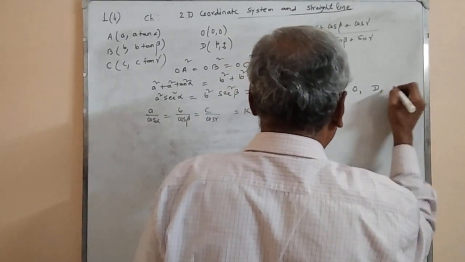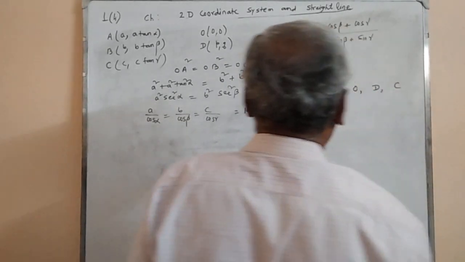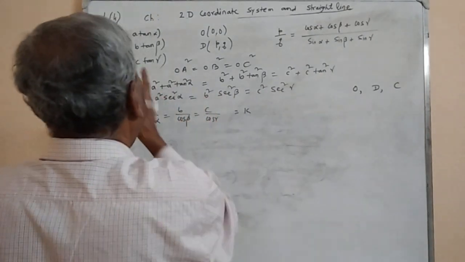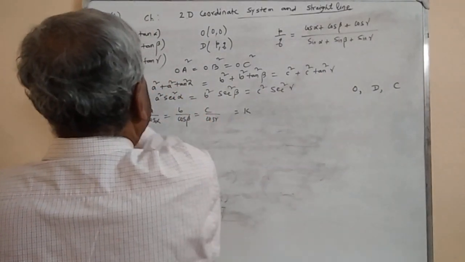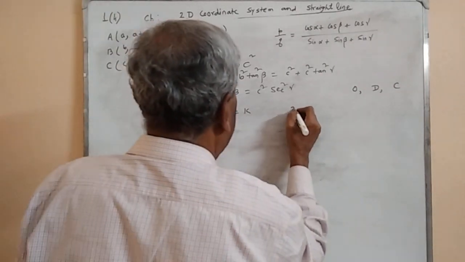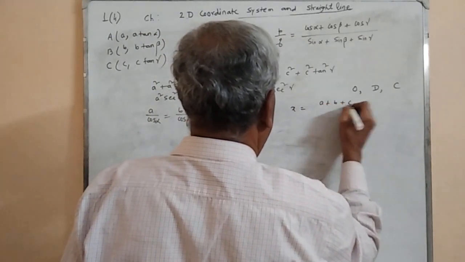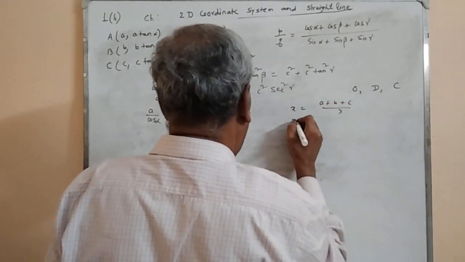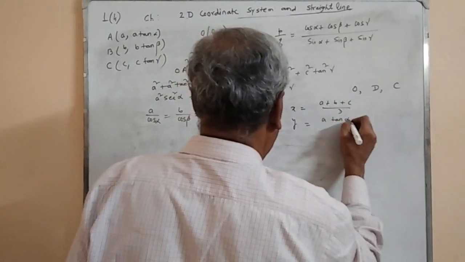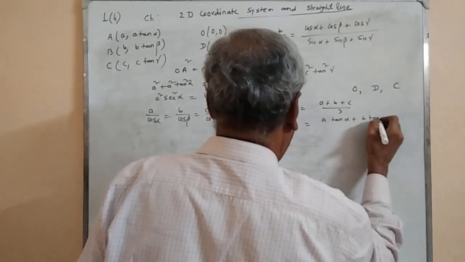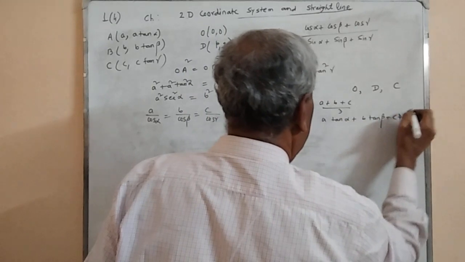Say the centroid is C. The coordinates of the centroid of the triangle with these vertices are x equal to A plus B plus C divided by 3, and y coordinate is A tan alpha plus B tan beta plus C tan gamma by 3.